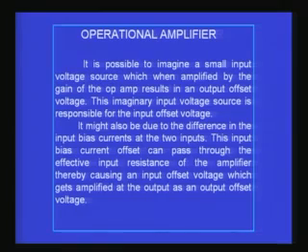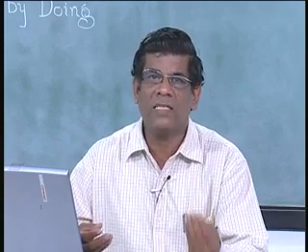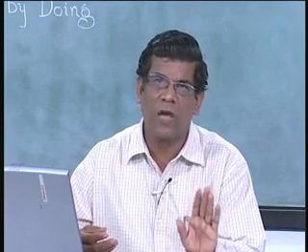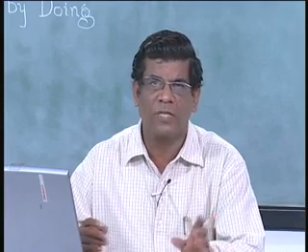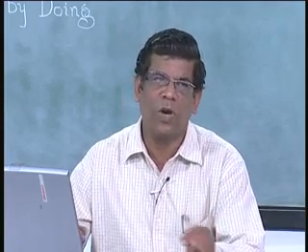So, how we normally define the input offset voltage is by saying that it is the input voltage that I should apply at any one of the two inputs in the case of the operational amplifier to make the output 0. This is what we call the input offset voltage.